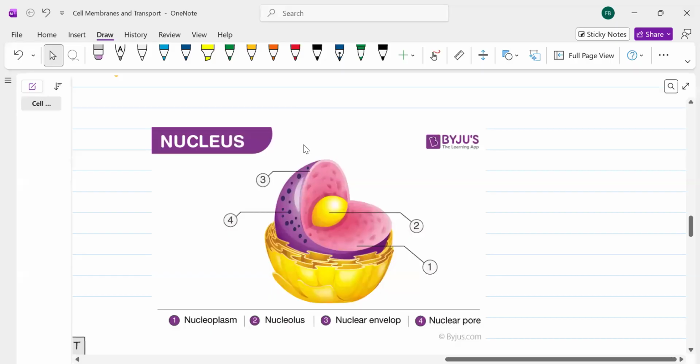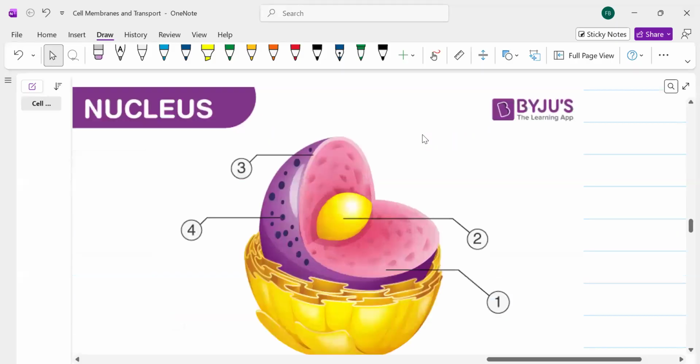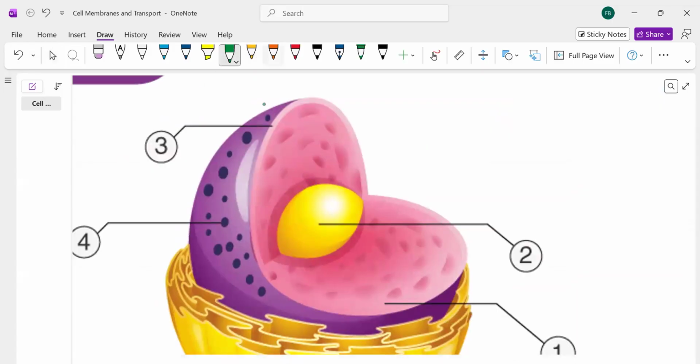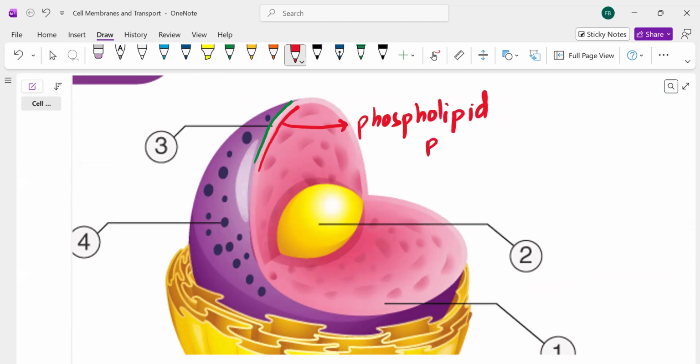This is what I was telling you, that in the nucleus there is a double membrane. How is there a double membrane? If you see this closely, there is this outer layer, and then there is this inner layer. And each layer is made up of a phospholipid bilayer.